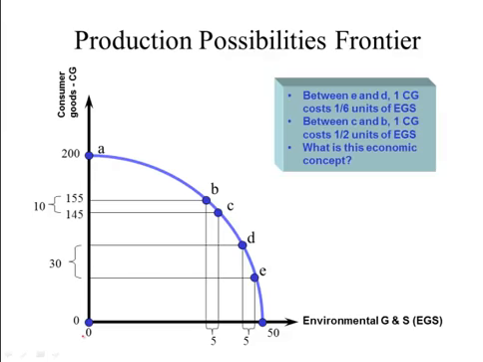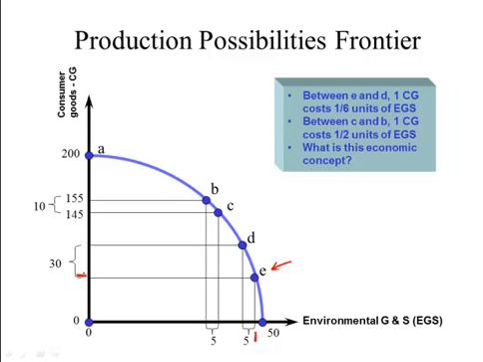To explain this concept maybe in a little bit more detail, we can take a look at some of these points, and I've put in some numbers into the production possibilities curve in order to give this story some context. So we could say that, let's imagine that the economic system is at point E. So we're producing a fairly large number of environmental goods and services and a fairly small number of consumer goods and services.